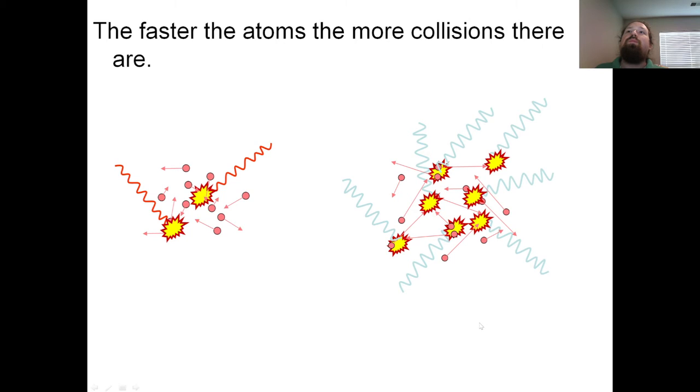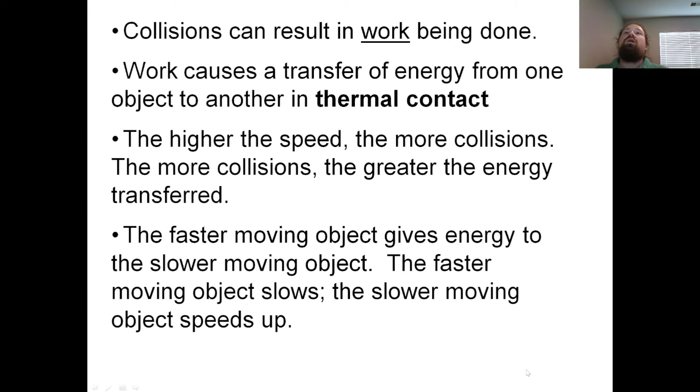I already talked about these points a little bit. In a hotter substance, the particles are naturally bouncing off of each other more, so there's more collisions on the subatomic level. That's what this slide is referring to. Collisions result in work being done.